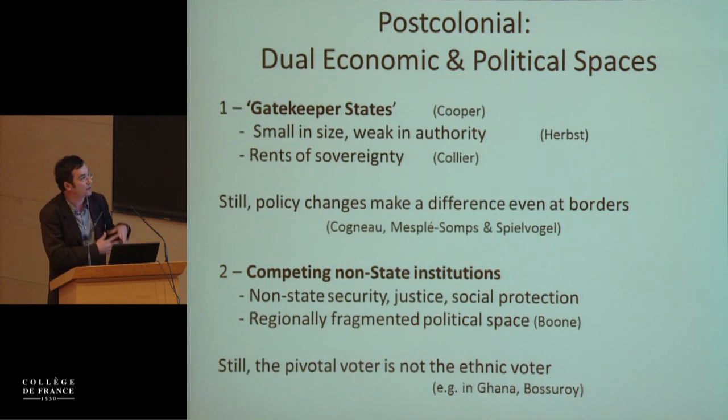So now, of course, the other great actors, these states are weak in the sense that they don't hold the monopoly of many services that are considered to be delivered by state institutions, and no monopoly over security in many instances, over justice, over social protection.